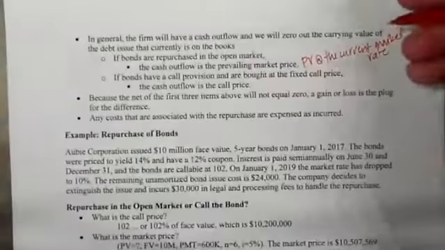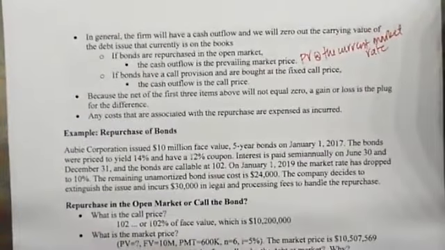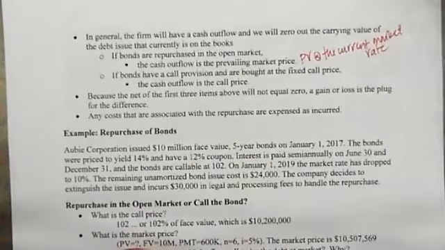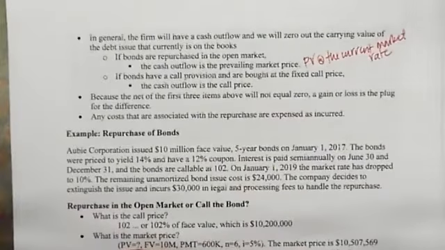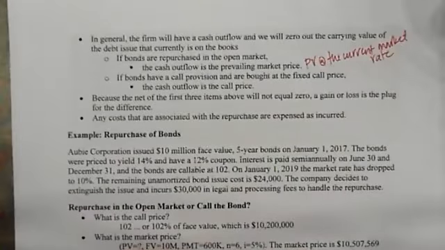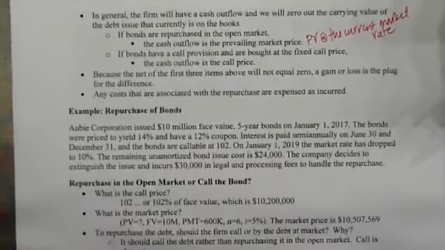If the bonds have a call provision, it's bought at that fixed call price. And the call price is typically stated as 101, 102, 103, which means 102%, 103% of the face value of the bonds. And typically, because we're not going to have all these items net out to just be zero, there is going to be a gain or loss on the plug, and that'll be the plug for making the entry balance.